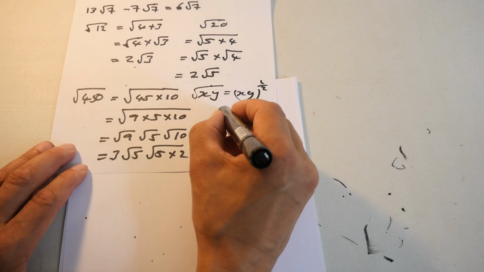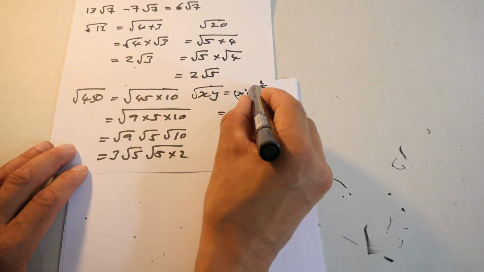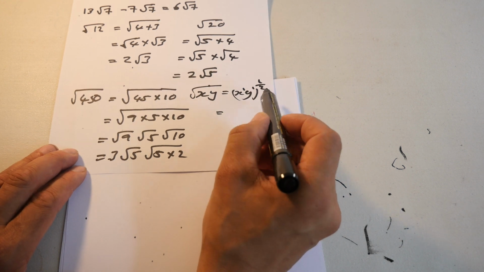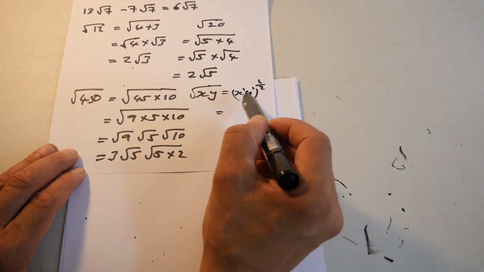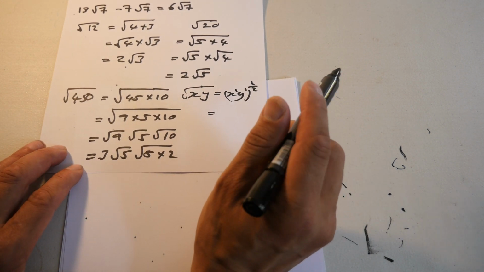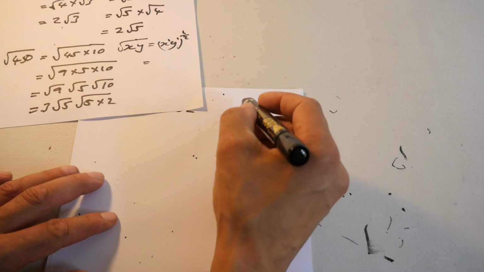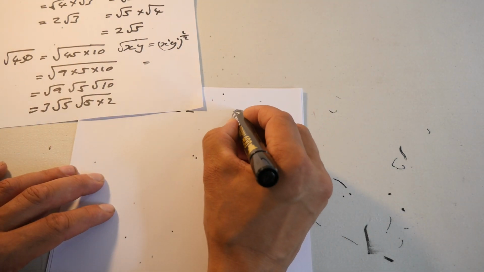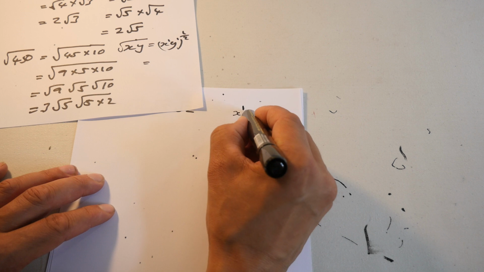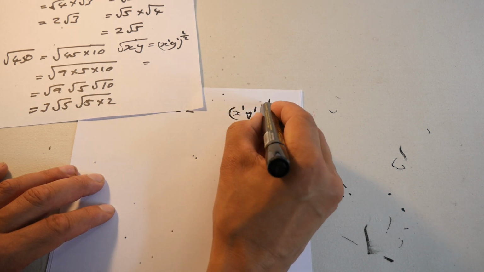Okay. Each of those is to the power of 1. So using the rule when you have something in brackets, if you have x to the 1, y to the 1, all to the half.